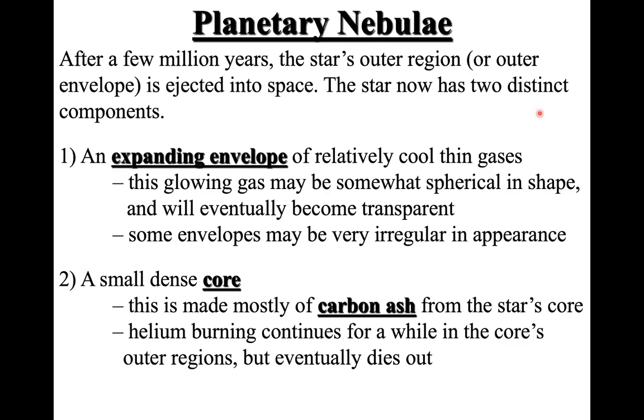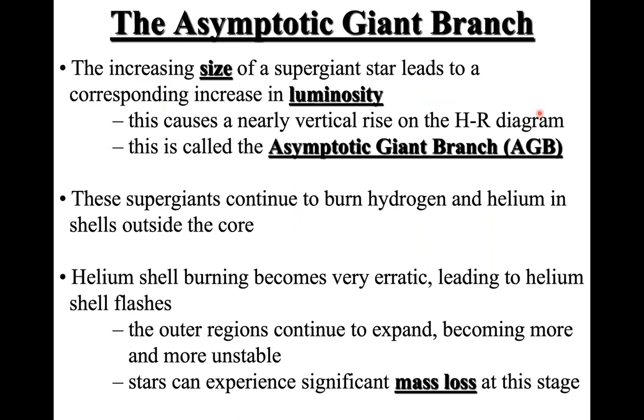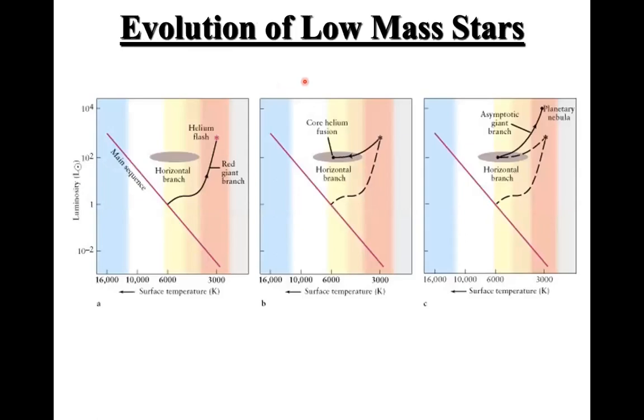Now, after a few million years, the star's outer region is ejected into space. Remember that we discussed, I go back, the star will increase in size and increase in luminosity. So that's where you have this asymptotic giant branch, which is this phase right here.